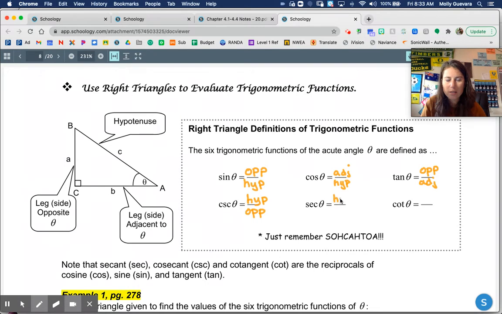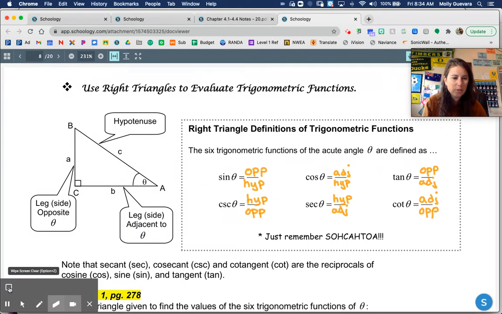So this is going to be hypotenuse over adjacent. And cotangent is the reciprocal of tangent, so that would be adjacent over opposite. So as long as you know sine, cosine, and tangent, you can find cosecant, secant, or cotangent by just taking the reciprocals there. And that's what this little note says as well.